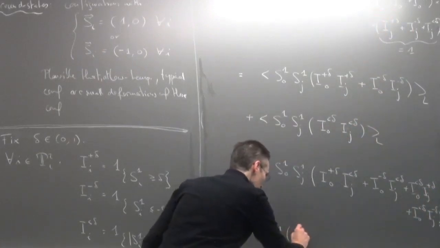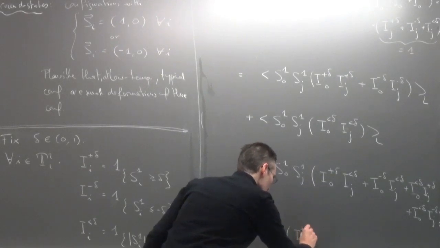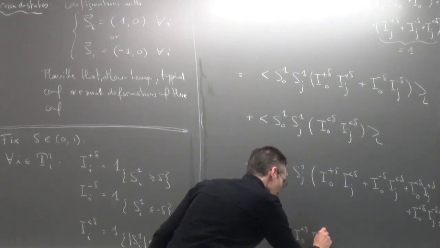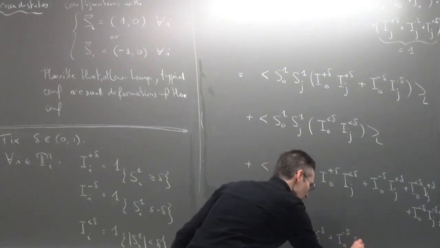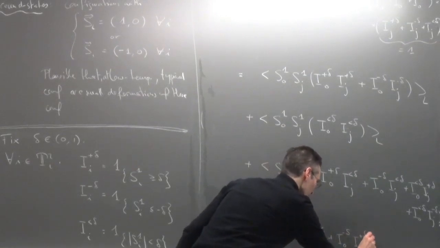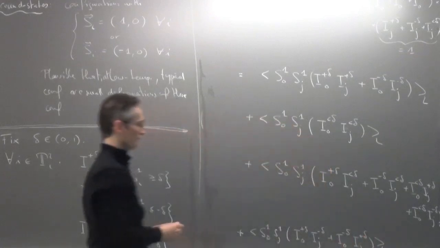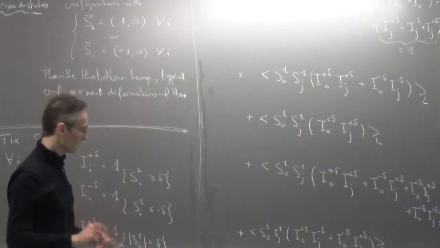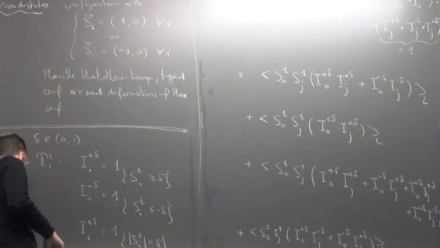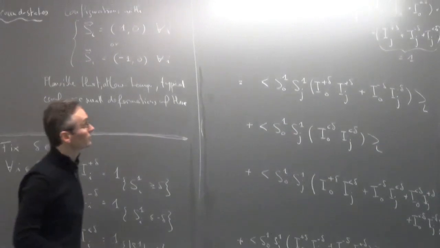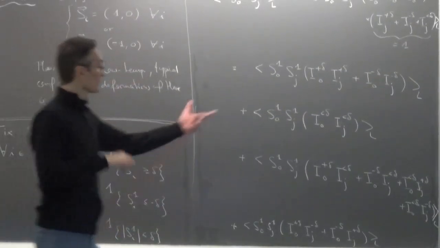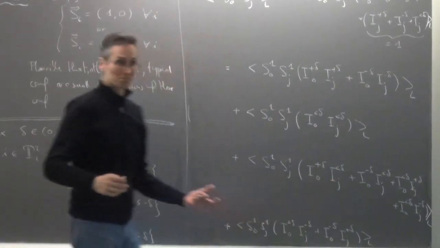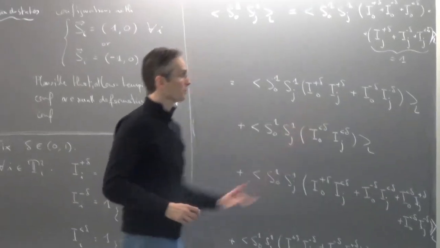So I0 plus delta, Ij minus delta plus I0 minus delta, Ij plus delta. Okay. I've just expanded the product, and now you see from what is here that I've regrouped terms. I've regrouped terms because all the terms I've regrouped give me exactly the same contribution.